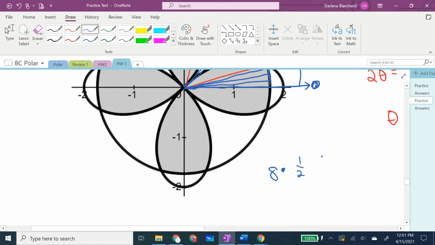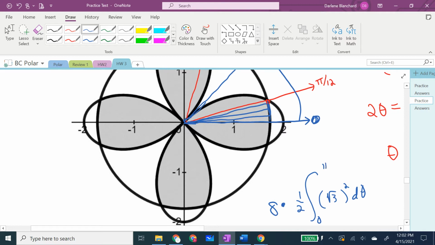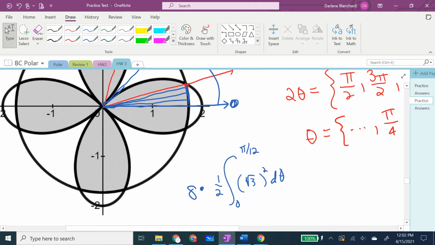But I'm going to say 1/2 r squared d theta, where r is root 3. And I am going to go from angle 0 until the intersection angle of pi over 12. When you are dealing with area inside both, you're not subtracting, you're adding. When it's inside outside, you end up having to do a subtraction. Now, again, I've got 8 times the area.